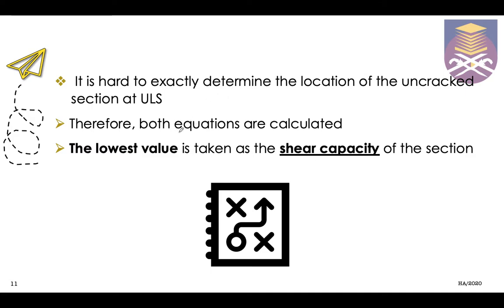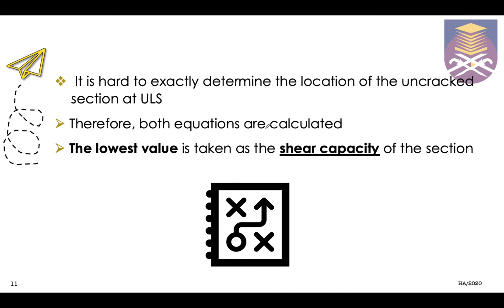So therefore, both equations need to be calculated. Just now we had two equations for VRD,c that is calculated for sections with no shear reinforcement. Then we also check that value of VRD,c with the value of VRD,c for the uncracked section.